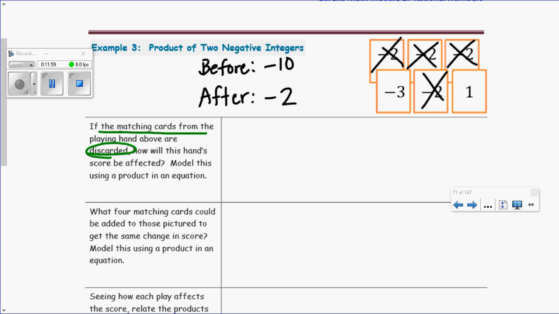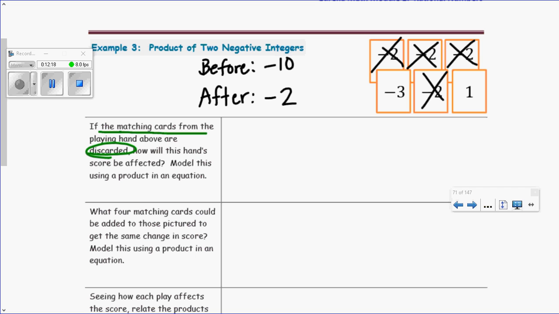How did your score change? Look at a number line, either one that you have written down, in your workbook, or on that orange paper that I gave you for your dry erase boards, and tell me how your score changed. It was negative 10 and now it's negative 2. Did your score go up or down? Be careful.